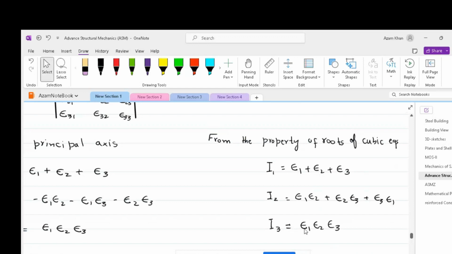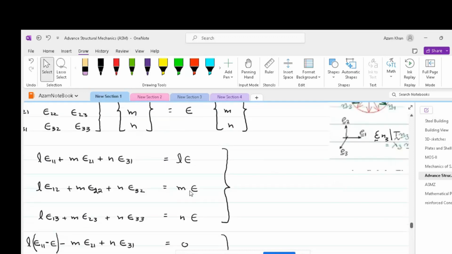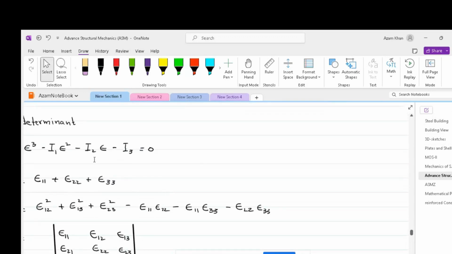I3 is equal to scalar epsilon 1, scalar epsilon 2, and scalar epsilon 3. Please note, scalar epsilon 1, scalar epsilon 2, and scalar epsilon 3 are the eigenvalues. These are the scalar values which we will get from our characteristic equation.